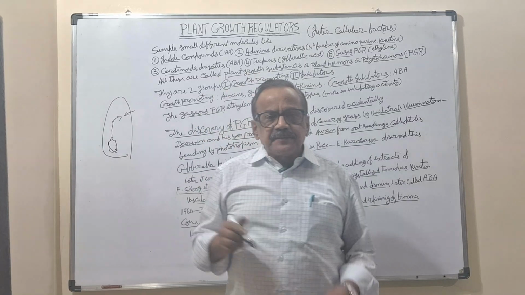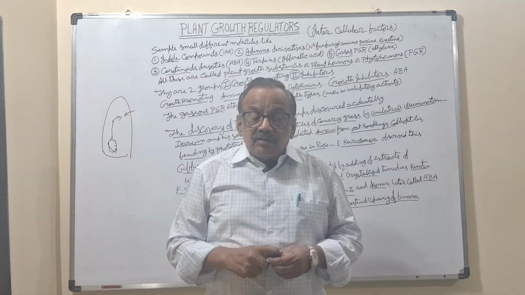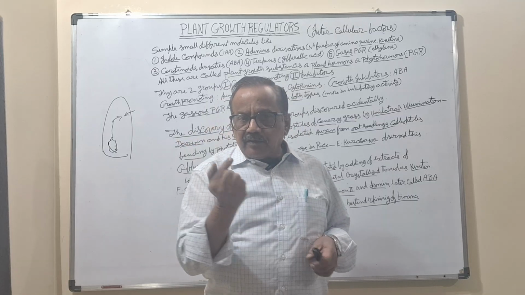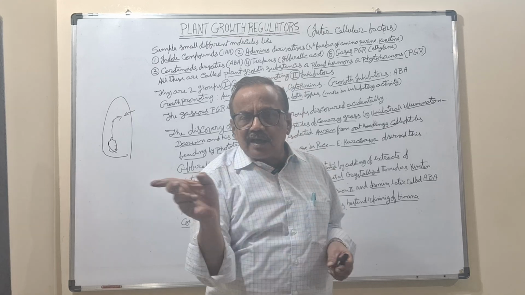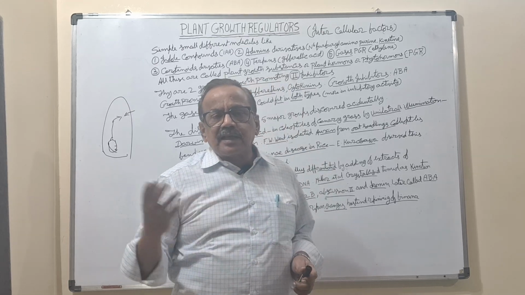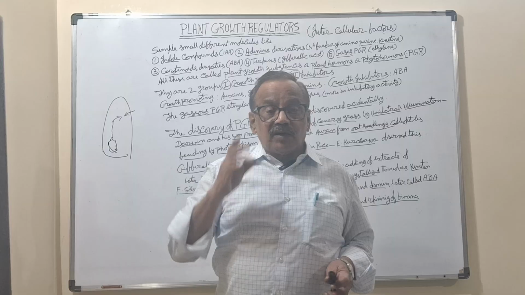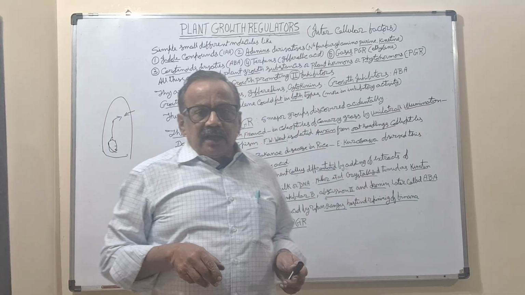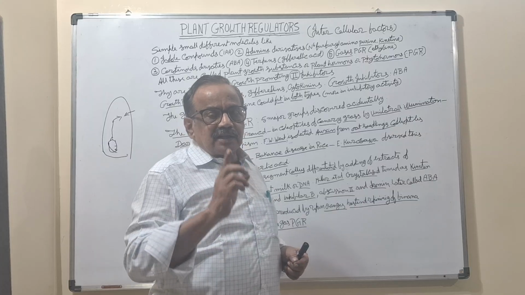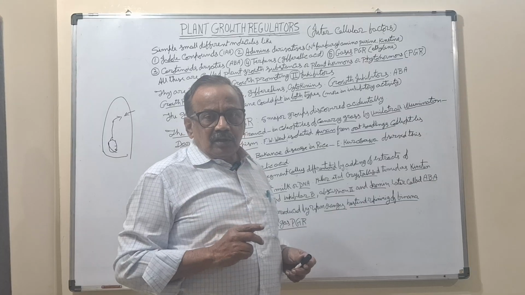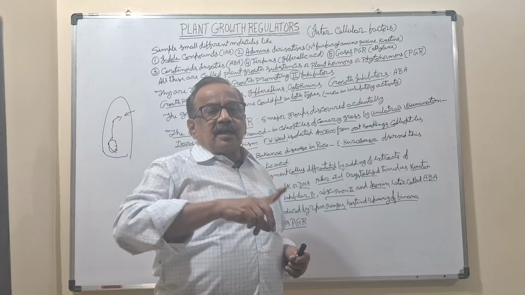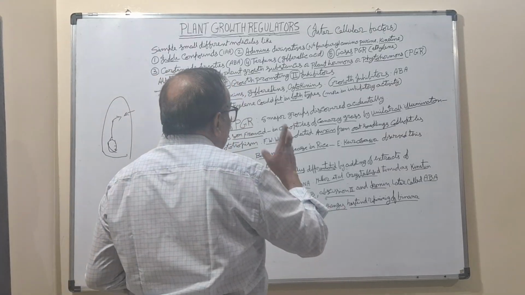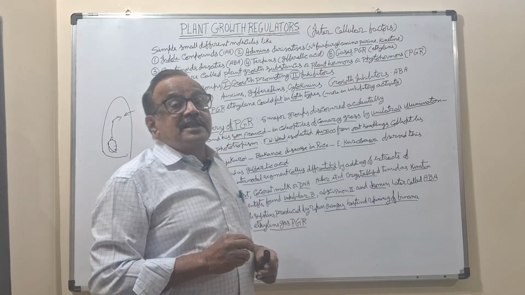Now, what did they observe? Whichever direction the light was coming from, towards that direction the canary grass coleoptile started bending. What is the coleoptile? In the monocot seed you studied the coleoptile, present on the surface of the plumule, and these coleoptiles bend in that direction. This is called phototropism.